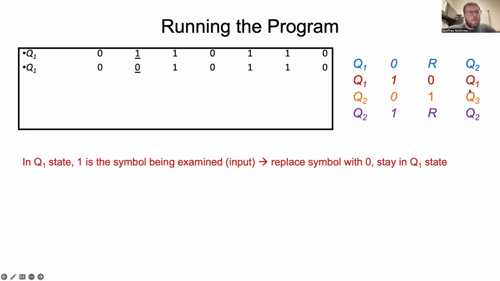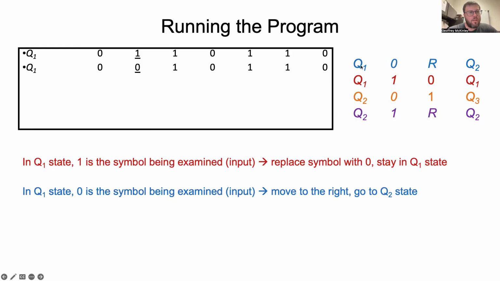So that's what we do. Now we're in the Q1 state and the input is zero. So what do we do when the input is zero? Well, we move to the right and then go to the Q2 state. So we move to the right, and now we're here in the Q2 state.